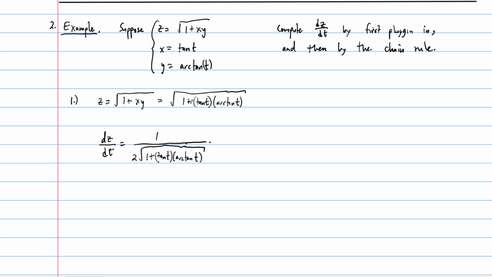The inside function here is 1 plus tangent t times arctangent t. The derivative of the 1 is 0, since it's constant. But we have to apply a product rule to the other term. The product rule says, I'll make big parentheses here, take the derivative of the first, which is secant squared t, and leave the second one alone, so that's arctangent of t, plus leave the first one alone, tangent of t, times the derivative of arctangent of t, and remember that's 1 over 1 plus t squared.